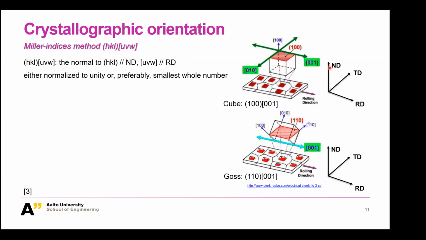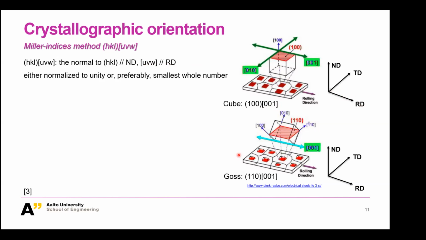You can see ND is here, and this is also the direction parallel to ND. Therefore, it corresponds to this crystal plane, so hkl is 1, 0, 0. Then [uvw] parallel to RD means that here is your RD, and you can see this crystal direction is parallel to RD. Sorry, it's 0, 0, 1. Therefore, uvw is 0, 0, 1.